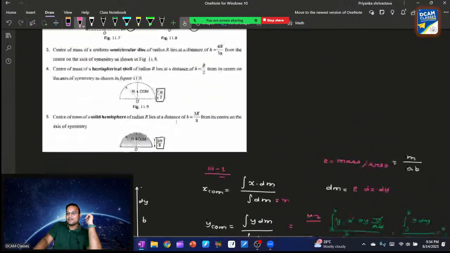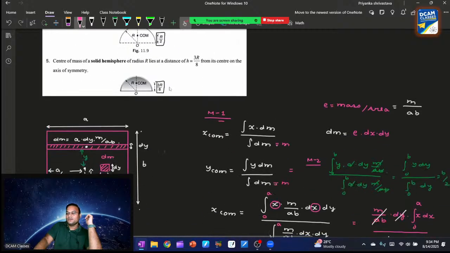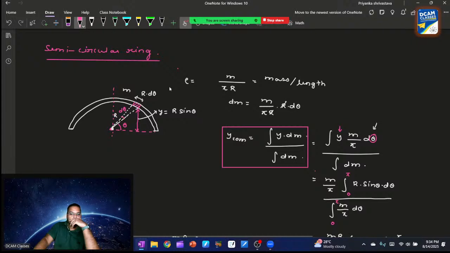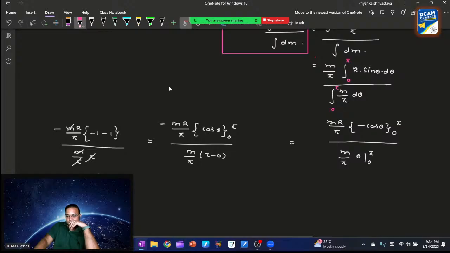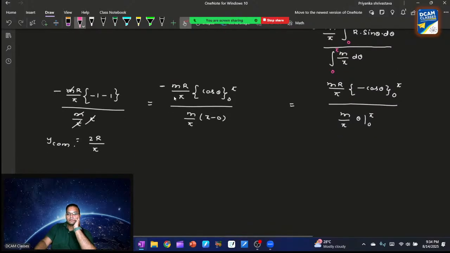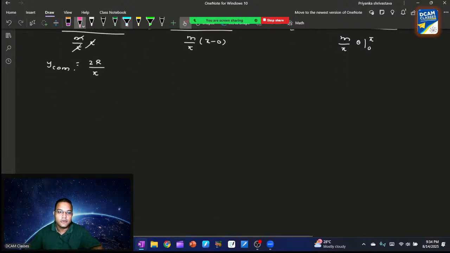If I ask you to do it for the semicircular disk, how will you do it? Can you suggest something? What about this semicircular disk?